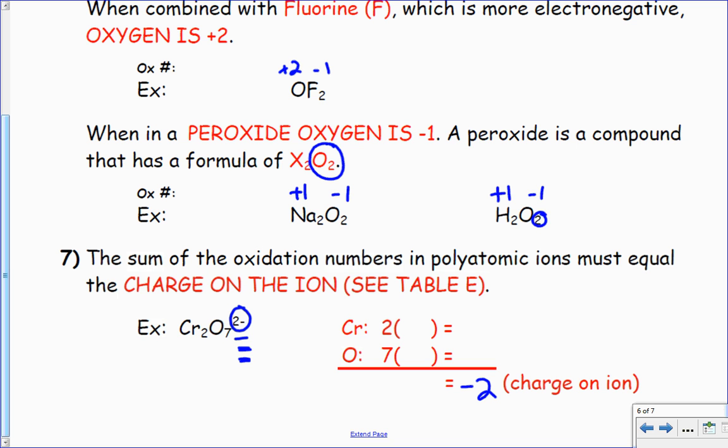So I'm going to start there. Then I'm going oxygen first. This is not a peroxide, so oxygen is a -2. 7 times -2 is -14. What added to -14 is -2? It's got to be 12. 12 minus 14 equals -2. 2 times what is 12?